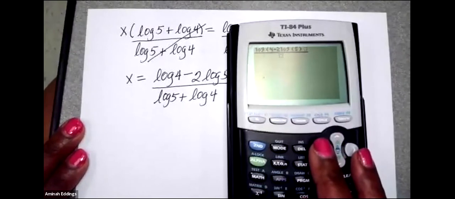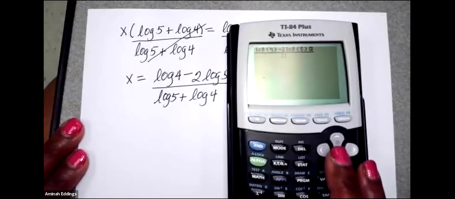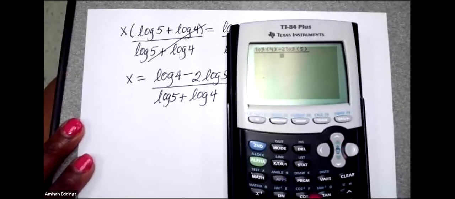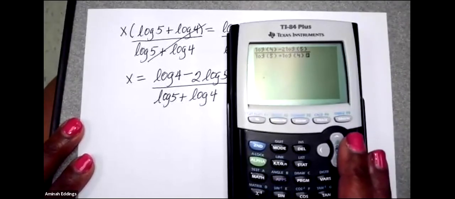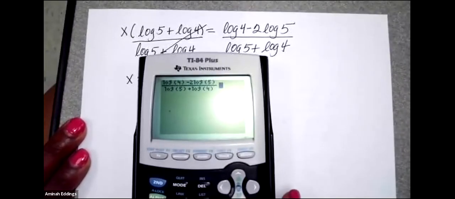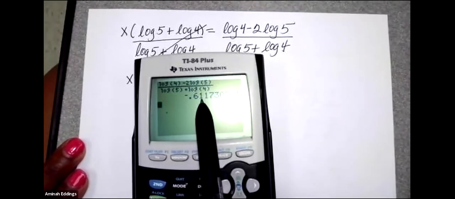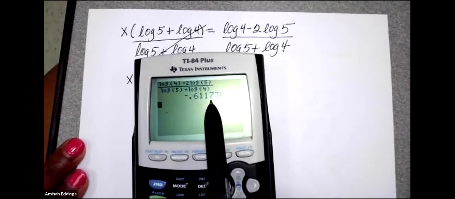So log 4, I'm going to close my parentheses here, minus 2 log 5, then close my parentheses, divided by log 5 plus log 4. Okay, press enter, and I get negative 0.6117.